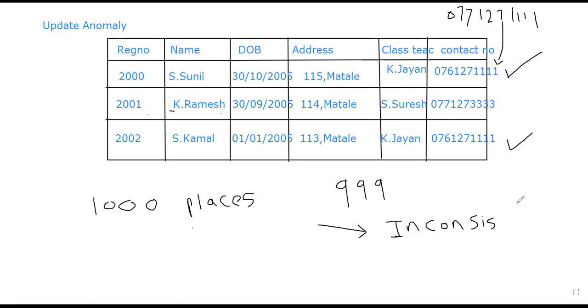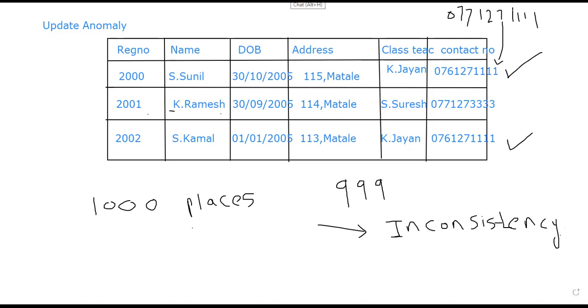So this leads to data inconsistency. This is one of the issues of update anomaly.